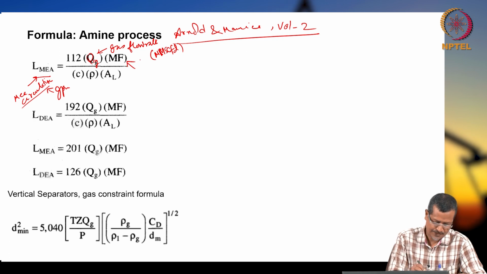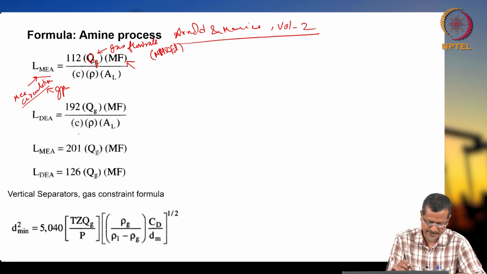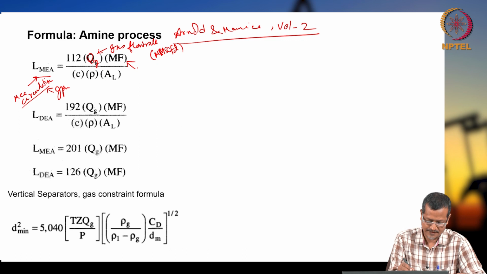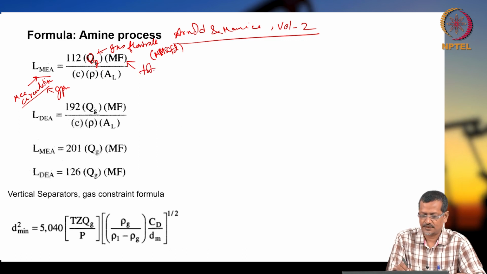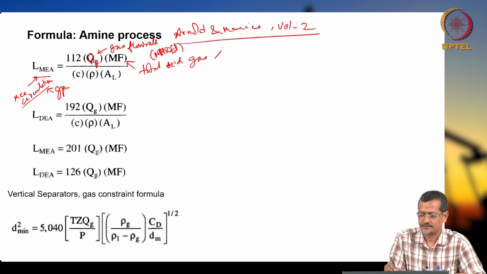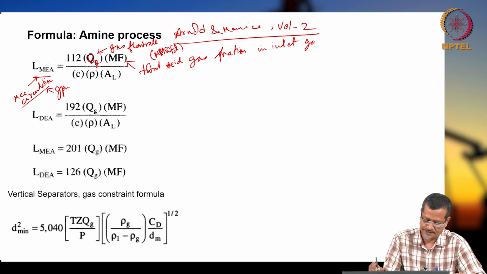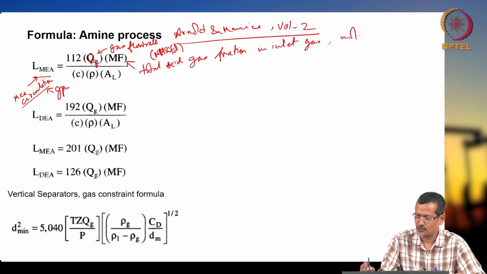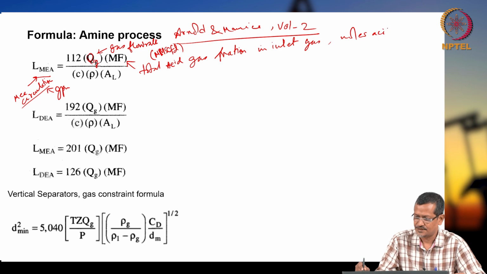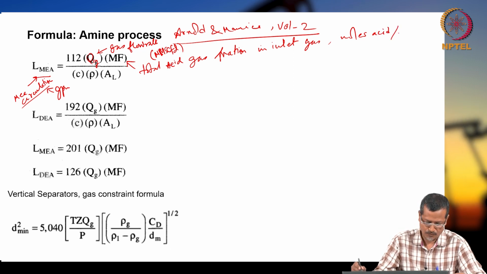And MF is the total acid gas fraction in the inlet gas, that is, moles of acid gas divided by moles of inlet gas.